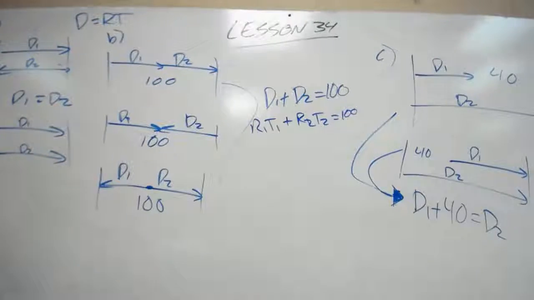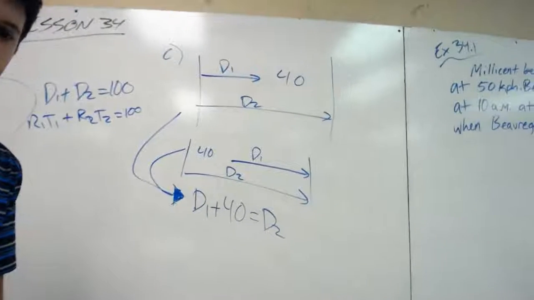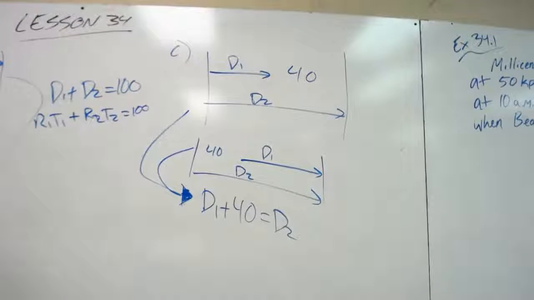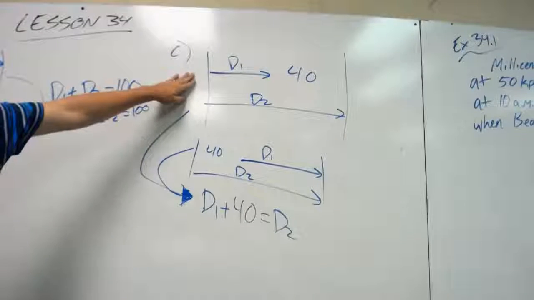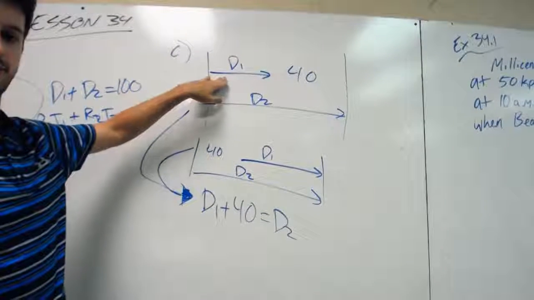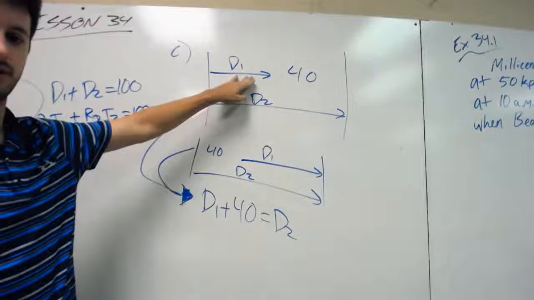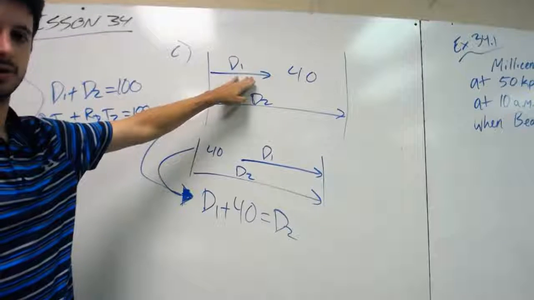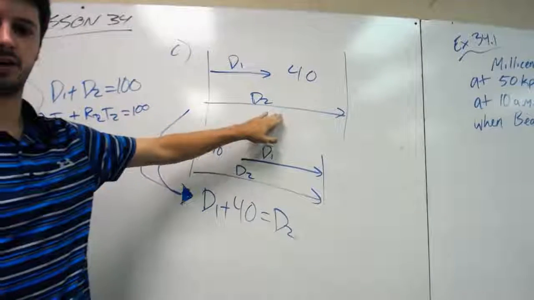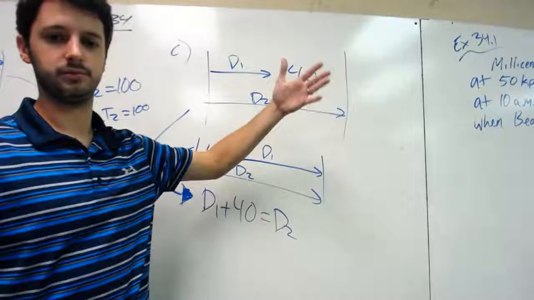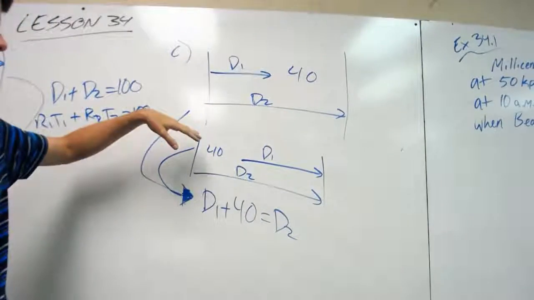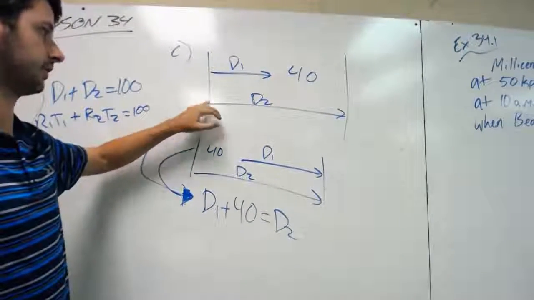The third one we're going to talk about, this is the one we're going to work on today, is say we have the first distance covering part of the ground, and then the second distance covering the whole traveling, the whole distance, total distance.